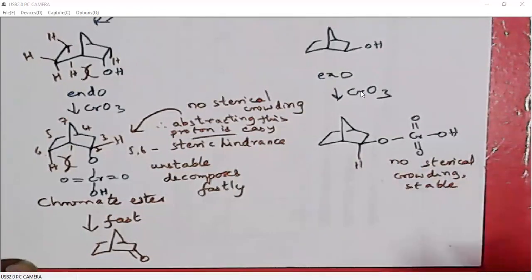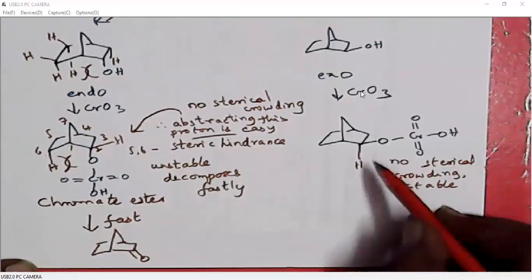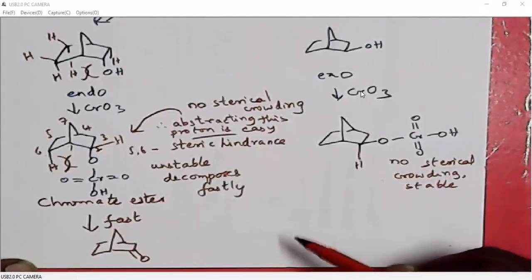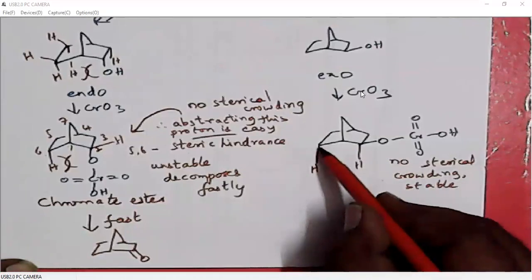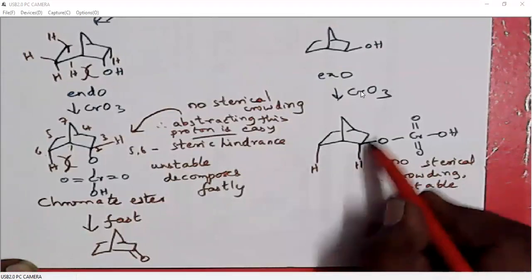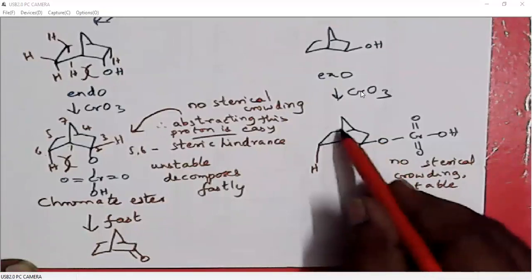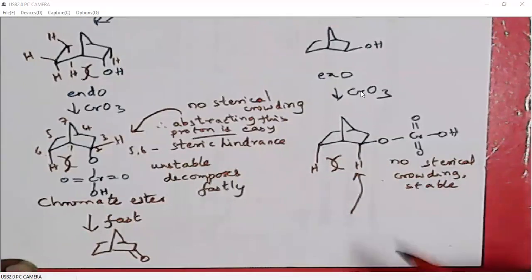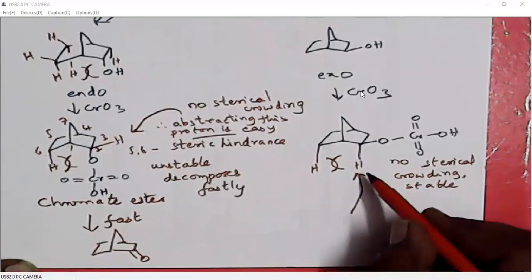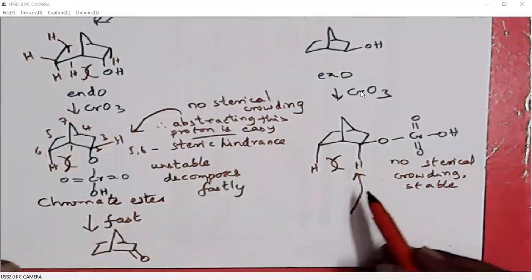Second point, if we want to have a ketone, we need to remove this proton. This proton has steric crowding with the protons at the third, fifth and sixth positions. That means a base cannot easily approach this proton to take it out.